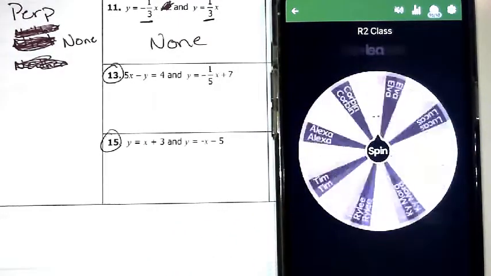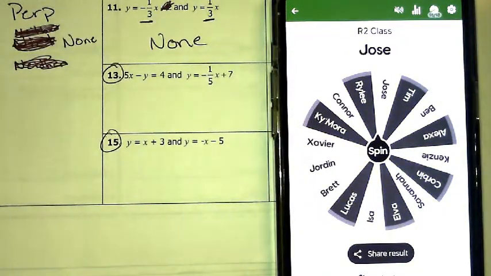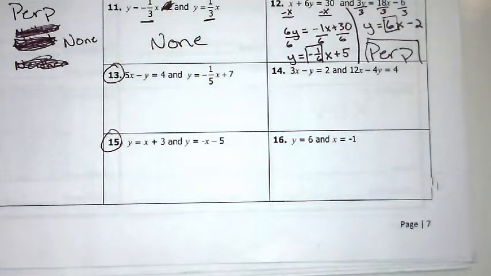Jose, please do number 13. Where's your work? That's why it's the wheel of not ideal, because you actually have to show some work. Maybe you should bring your paper up with you, because it's not a quiz.